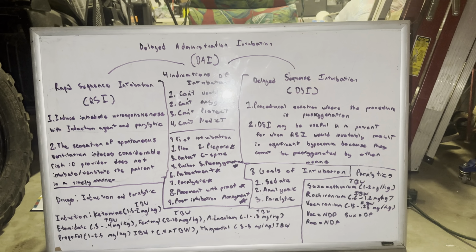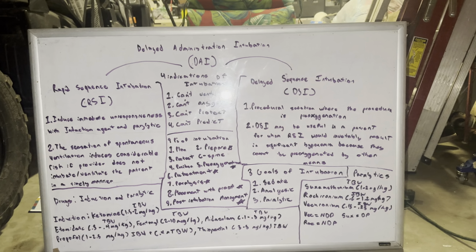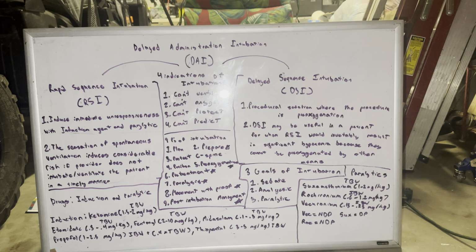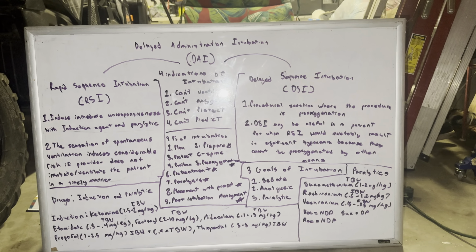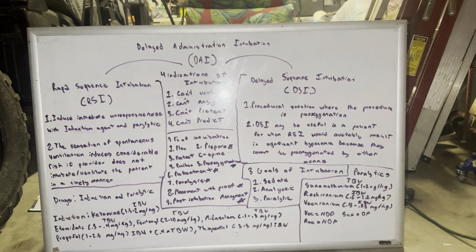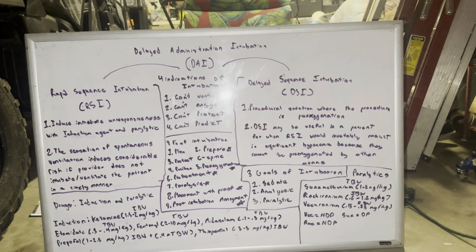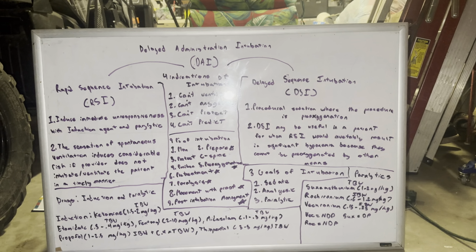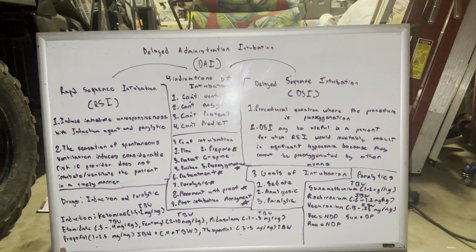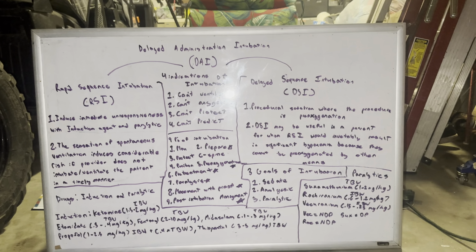The third indication of intubation is they can't protect their own airway, whether it's from swelling, their lack of consciousness, lack of breathing, anything like that, or just anything lodged in the airway. They can't protect it, basically. They can't allow air in, they can't allow oxygenation.